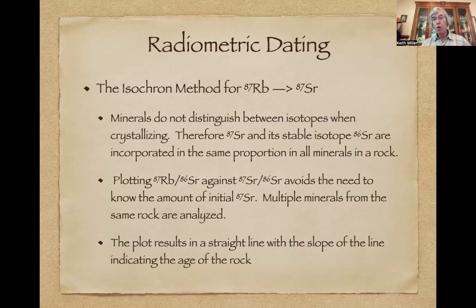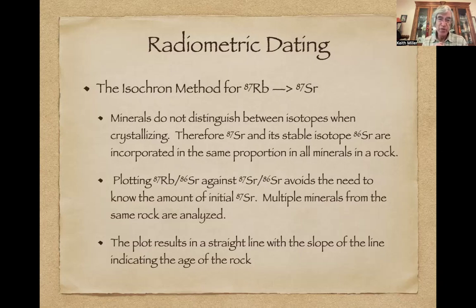You have a lot of different minerals all crystallizing at the same time as this rock is forming. So rock is composed of lots of different minerals, and all those minerals, when they crystallize out, will have the same initial ratios because they'll just take in the proportions that are present in that environment.